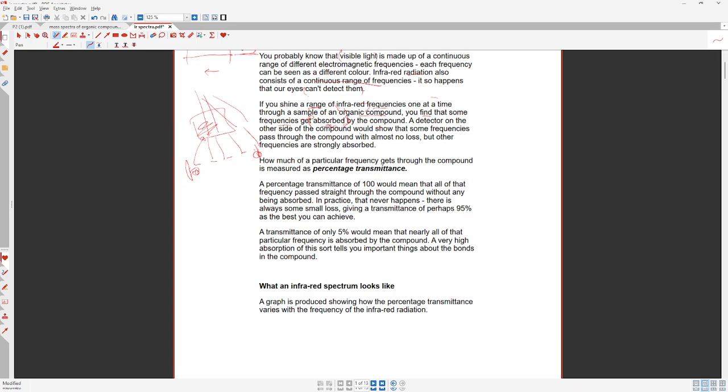So if you put a detector or a screen on the other side, it'll tell us which rays pass through the compound with almost no loss, and which rays get strongly absorbed.